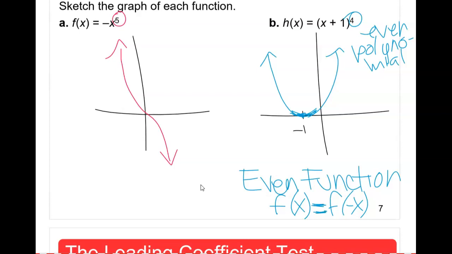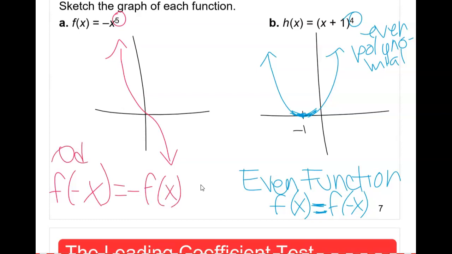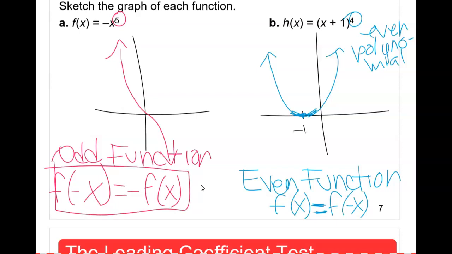But when we substitute -x and we get the complete opposite of the original function, that's what makes an odd function. We study this in chapter 1, and I just want to tell you that this is actually very useful when you get to calculus, or if you plan to take any math higher than calculus. It's something that always comes back. So even polynomial is one thing, even function is another thing.